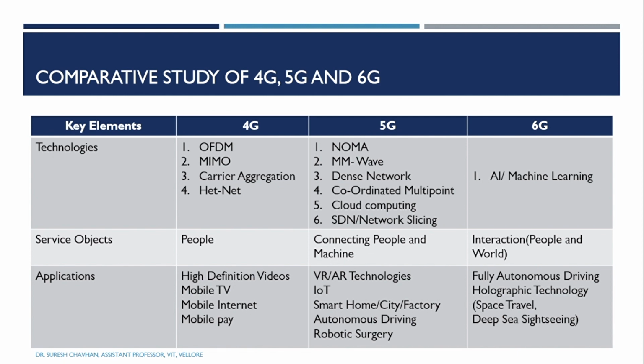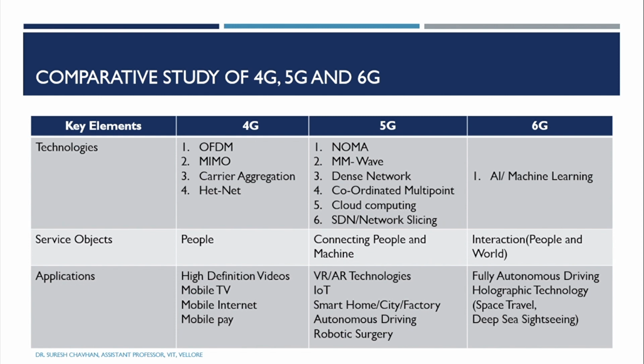Right, now we will study the comparative analysis of 4G, 5G and 6G with respect to the key elements. The first element is what technologies these generations have. In 4G, it has OFDM, MIMO, carrier aggregation and heterogeneous networks.